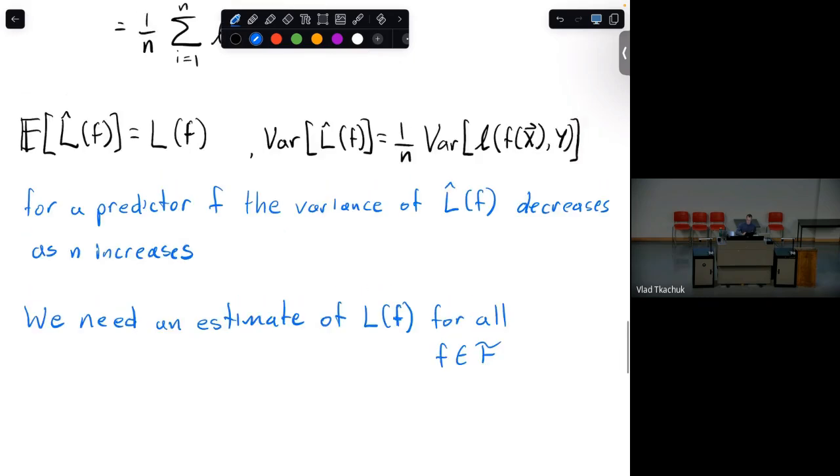Here, this also works if we have a fixed predictor: you gather some data, take the predictor on that data, take the loss, and estimate it for that predictor. But now we're saying I want this data to be useful for estimating not just the loss of one predictor, but of a lot of predictors. There's actually infinitely many, and I want it to be good for all of those somehow.